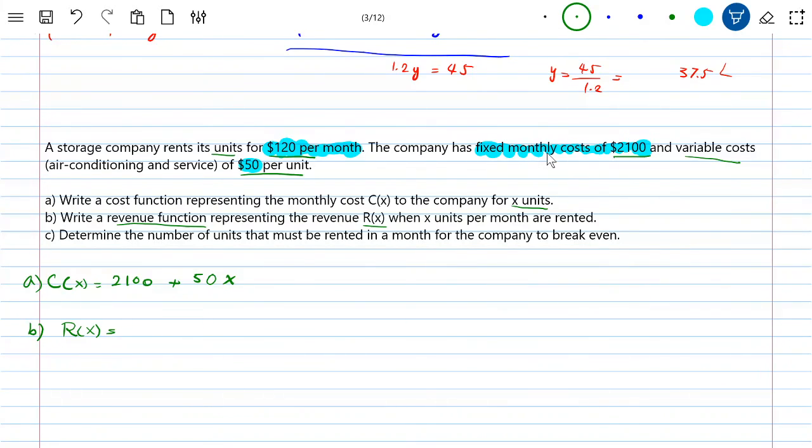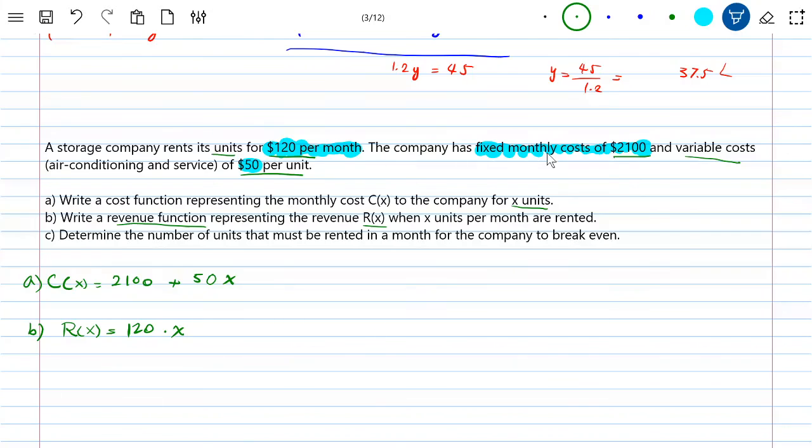Each unit will be rented per month for 120. So what is the income per unit? It would be 120 times x. That is the total income.